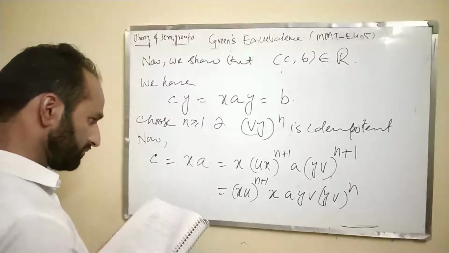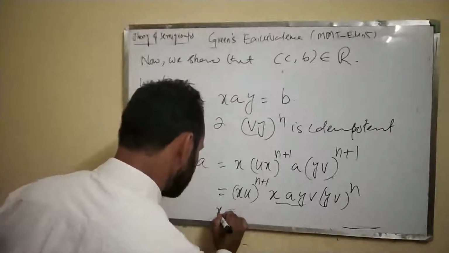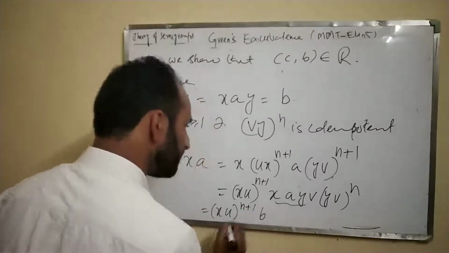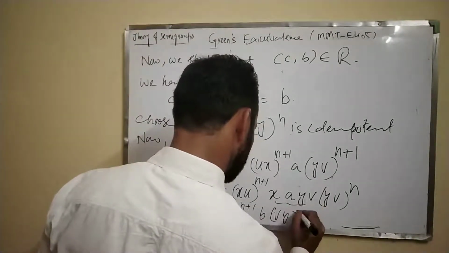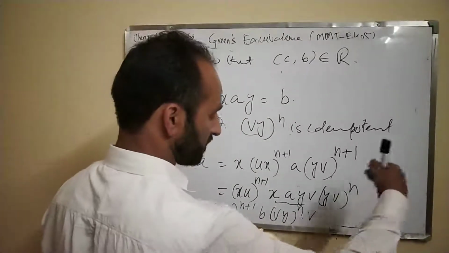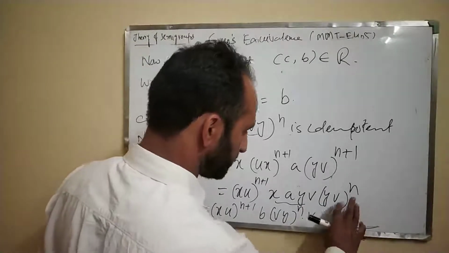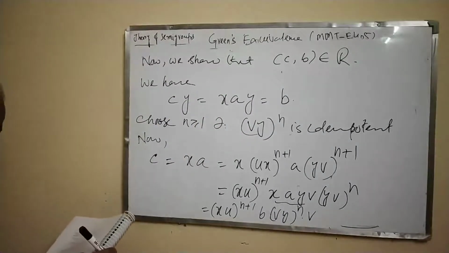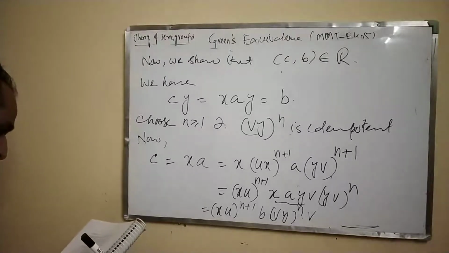So let's look at this. It's equal to xay, that's equal to b. It's equal to xu power n plus 1 into b, and this is vy power n into v. So first I expand yv, then I can write it as vy up to n times, and there is one more v here.